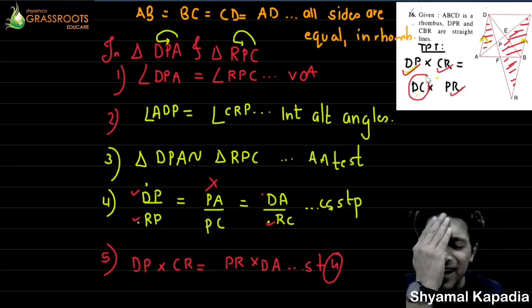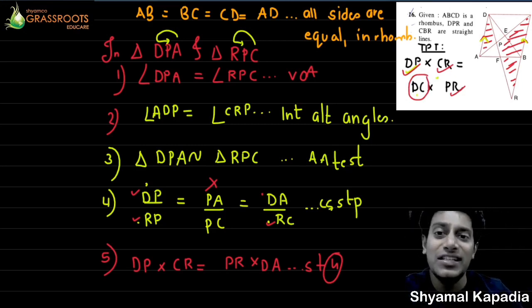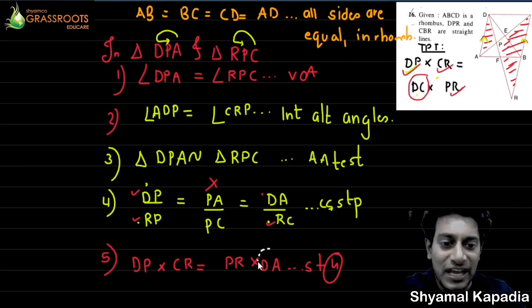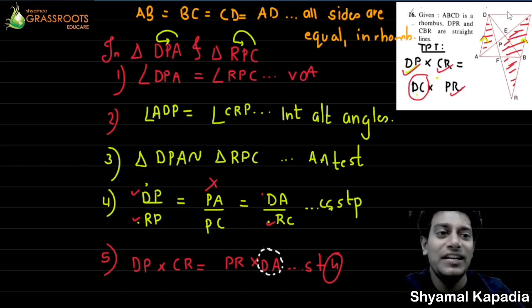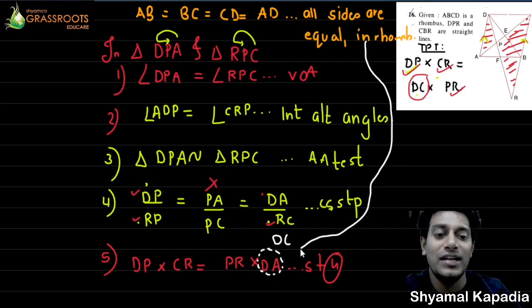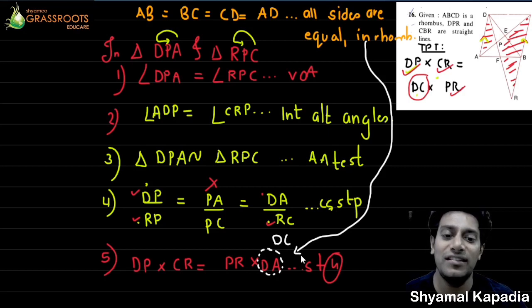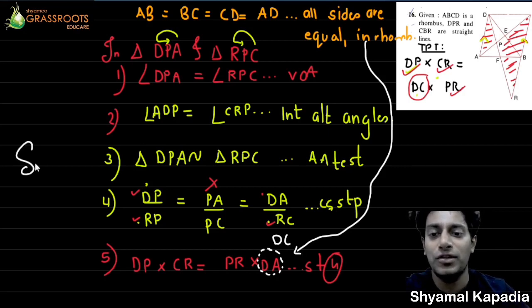Now tell me again, I am saying that instead of DA, in the next step, can you write DA is equal to DC because it's a side of the rhombus? All sides of a rhombus are equal. So can't you mention in the next step, instead of DA you can write DC, and hence proved. Yes. So this was the solution for the sum.